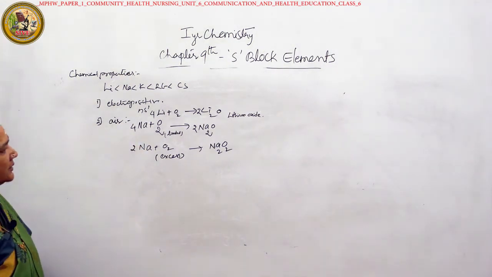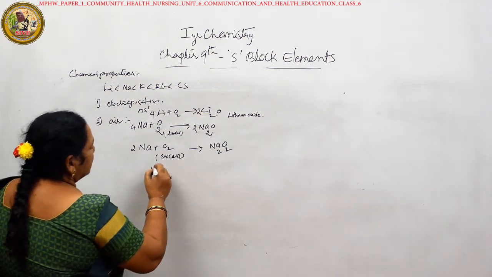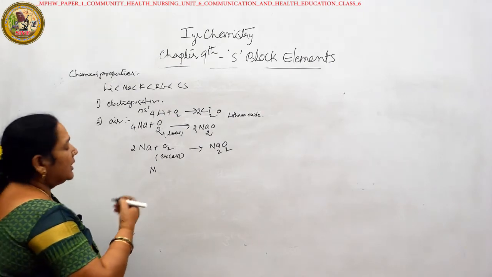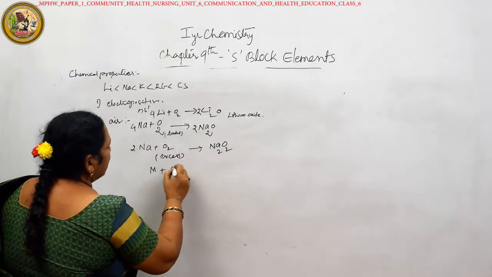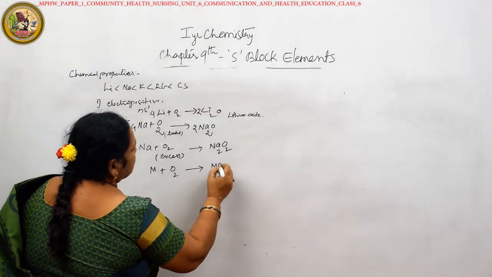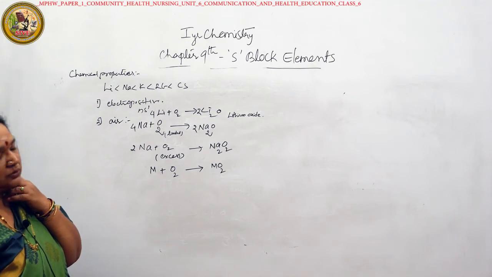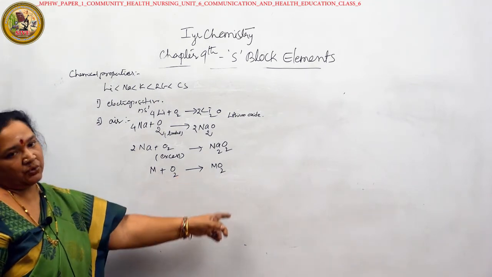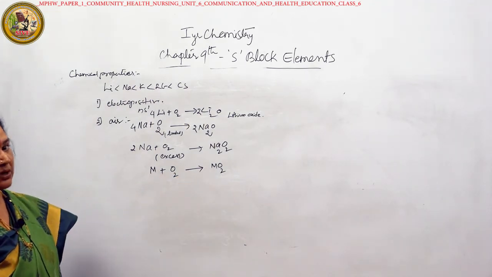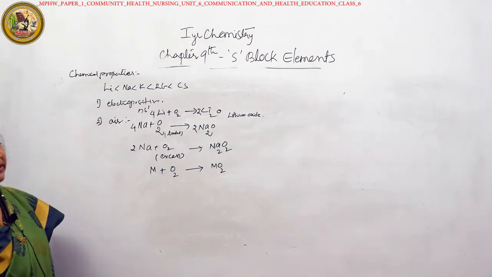And the remaining elements, where M indicates alkali metal, form superoxides with oxygen. The general formula of superoxides is MO2. If it is potassium, this is KO2, potassium superoxide. And like that they form the oxides.